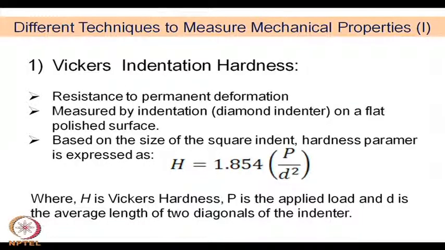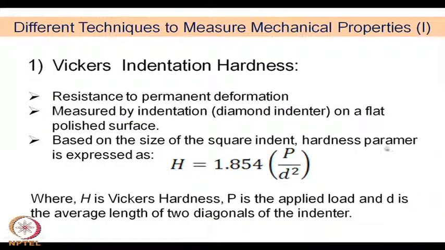We will come to how exactly fracture toughness can be measured for different samples, what kind of specimen preparation is needed, and what different techniques and loadings can be considered. But before that, there are many other mechanical property related parameters of ceramic materials, and let us try to define them and see how they can be measured experimentally.